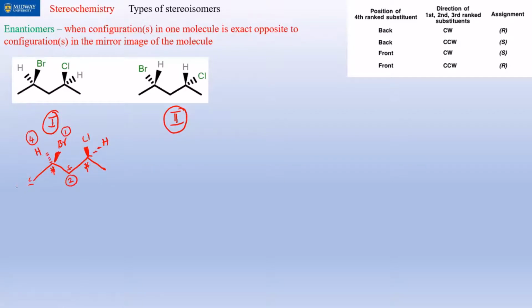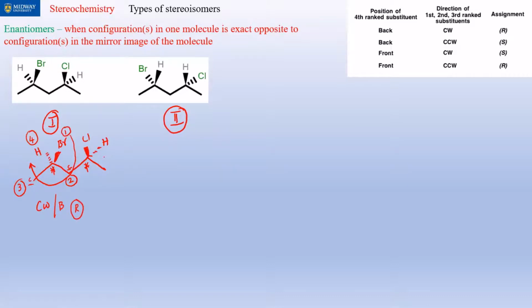So that's number 2. So this is number 3. Connect the 1, 2, and 3. That's clockwise, right? And your lowest priority group is in the back.